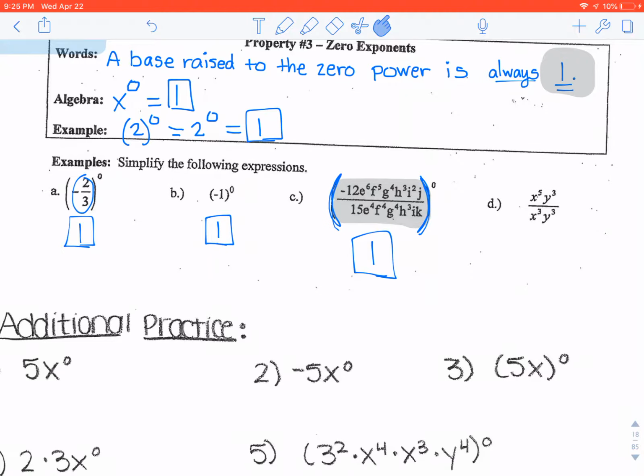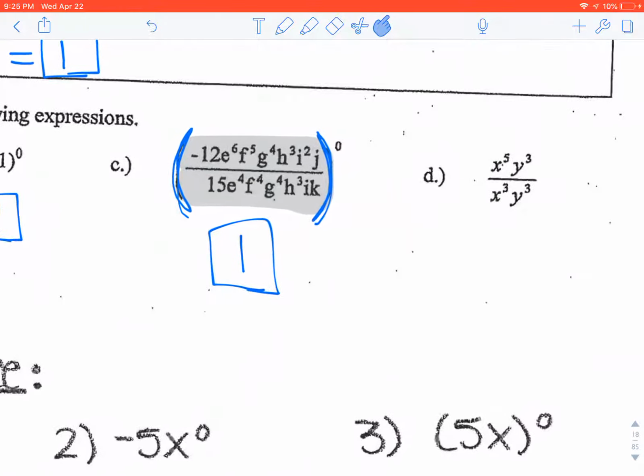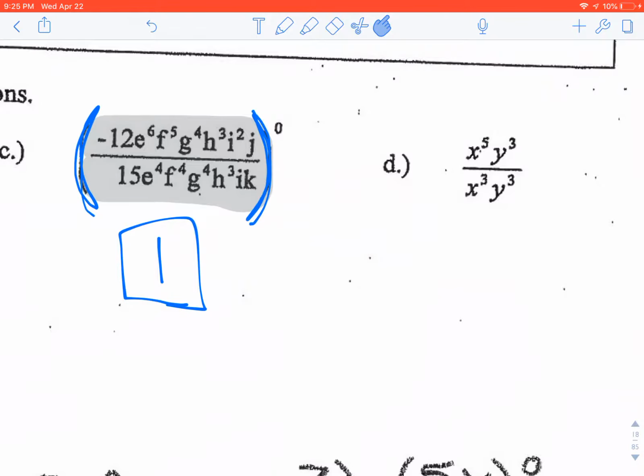Okay, so letter D is a little bit different. They throw in our property 2, which is our division property. So we have x to the 5th over x to the 3rd. When you divide same base, we subtract exponents. So you get x to the 2nd. Keep it on top because the bigger exponent's there.